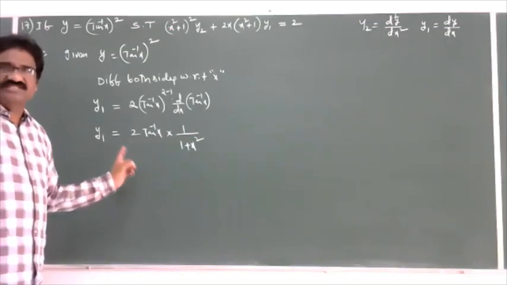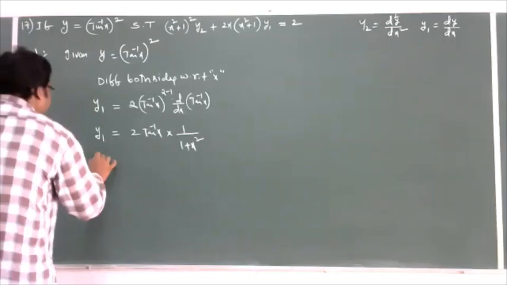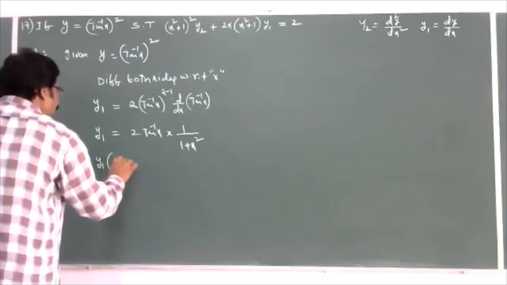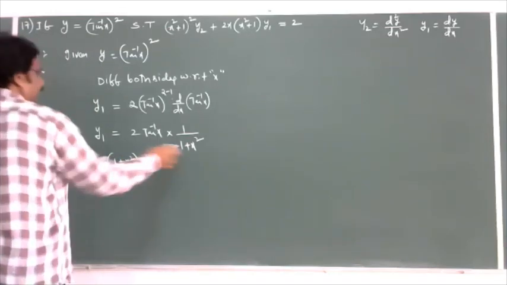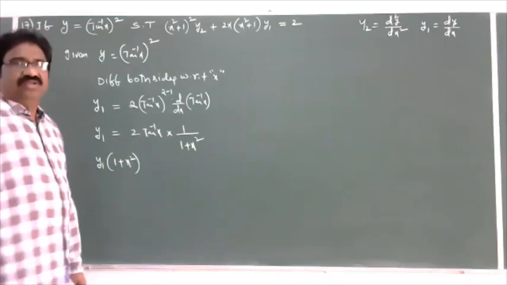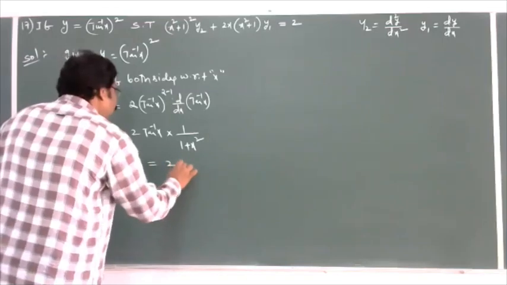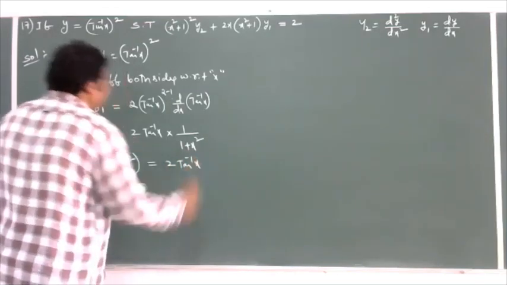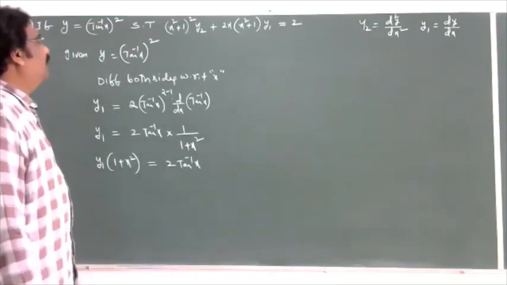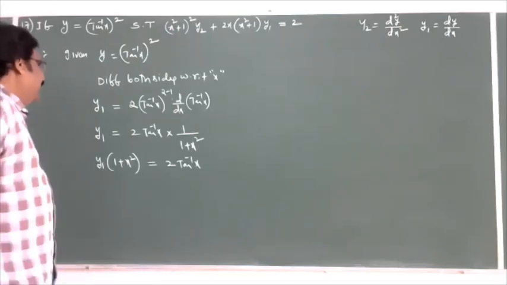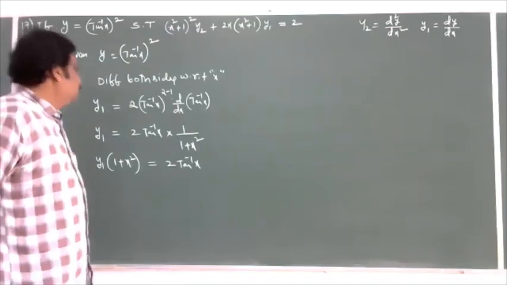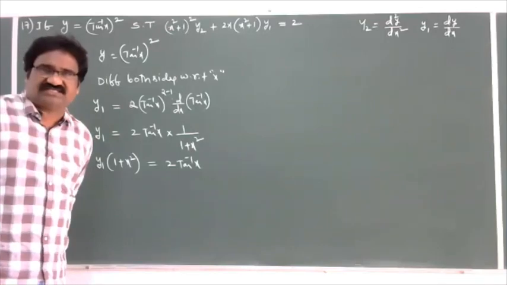Next, going to cross multiplication, that is y1 into 1 plus x square is equal to 2 tan inverse x.